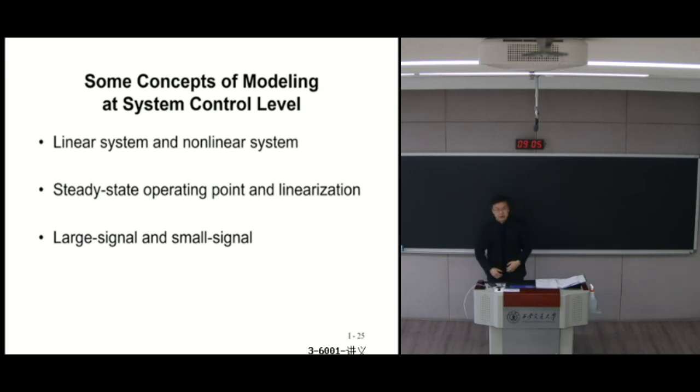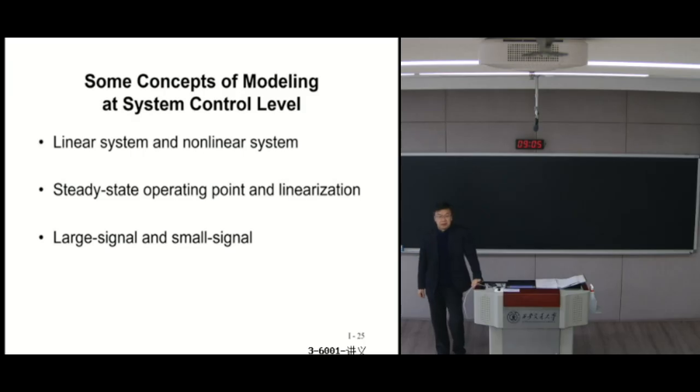Okay, so therefore, last time we also had a discussion about what is small signal, what is large signal. Based on the name, we could tell the difference is probably in the magnitude, how much the magnitude of the disturbance is.